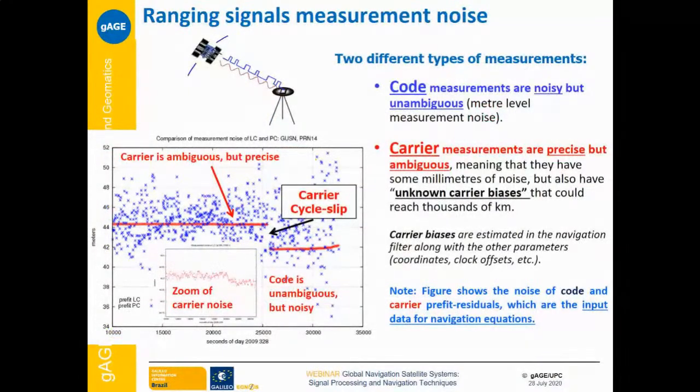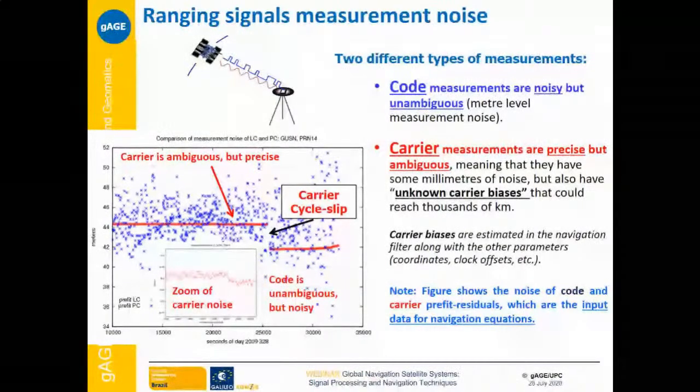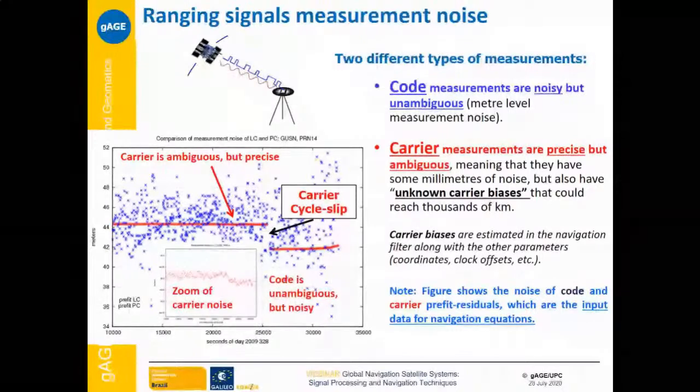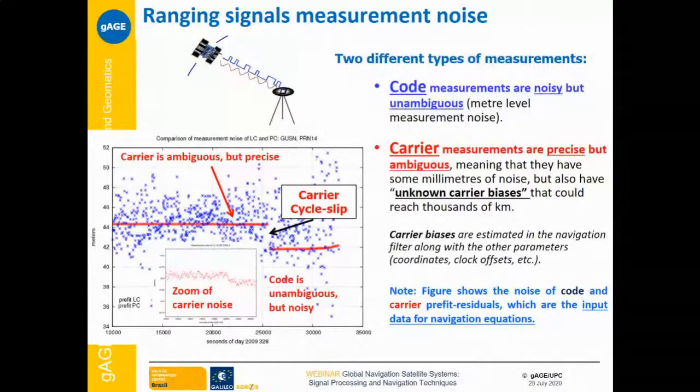Regarding these two types of measurements, it is important to take into account that they are very different. We have in blue depicted the noise of the code measurements. The code measurements are noisy, as you can see in the plot, but are unambiguous. They are an absolute measurement.